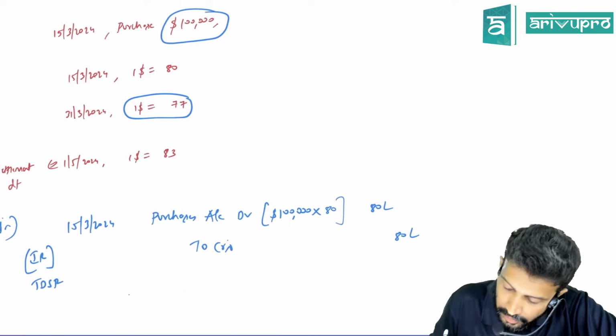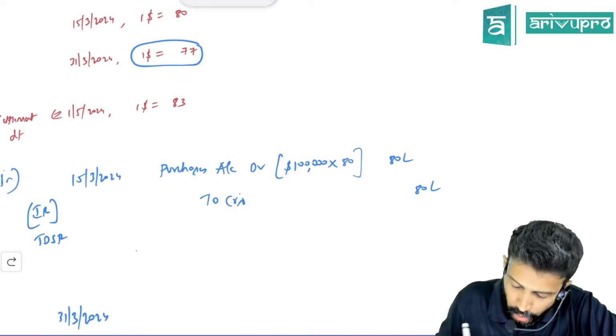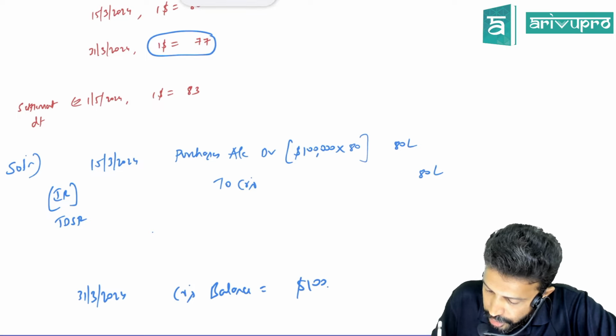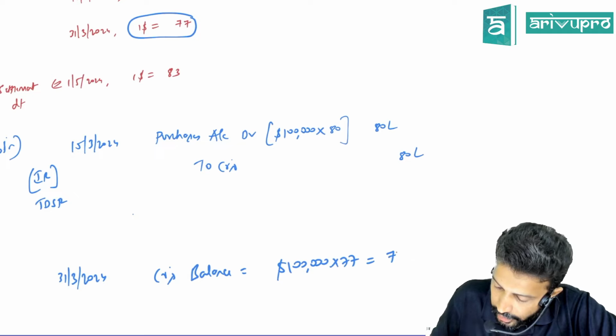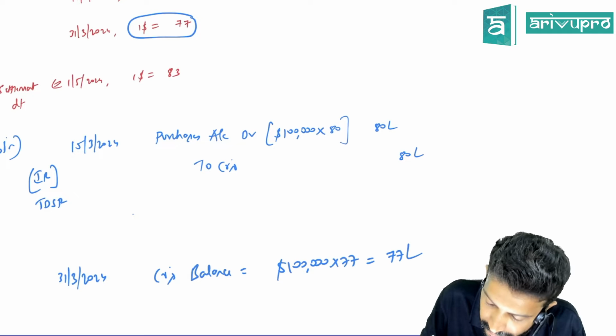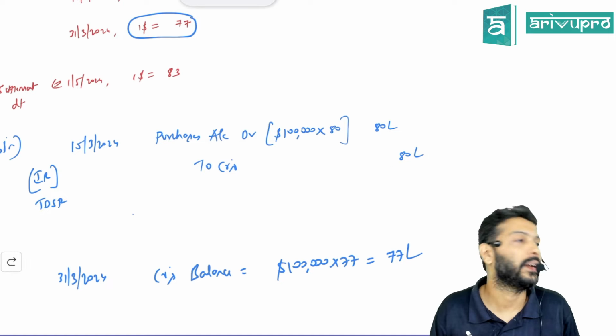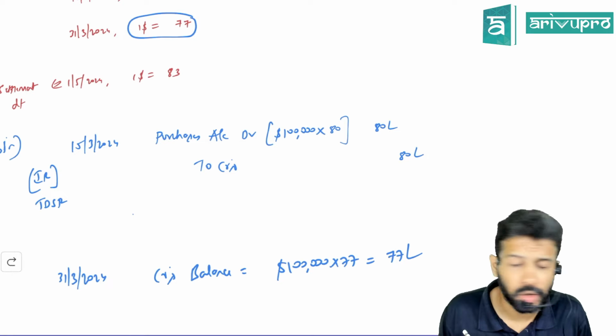That means the creditor should be converted at 1 lakh into 77, because 77 is the closing rate. But currently my creditor is shown at 80 lakhs, and I have to bring it down to 77.